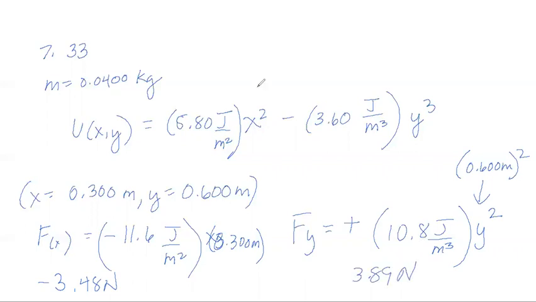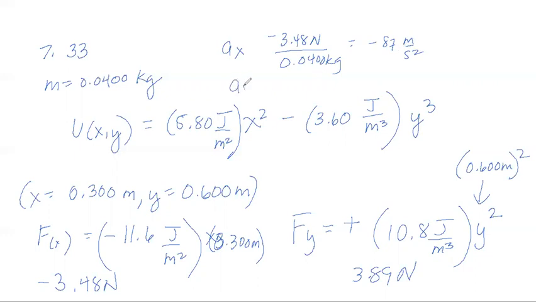And so to get my acceleration in the x direction, I've got negative 3.48 newtons divided by 0.0400 kg, and that's going to give me negative 87 meters per second squared.